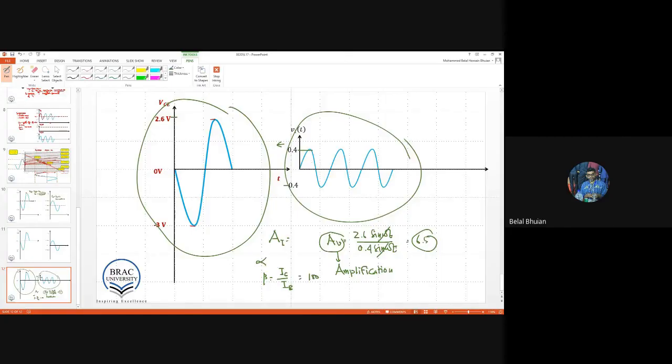If you find AI, IC divided by IB, you are going to find beta. Same thing, the current relation is the same for the signal. Okay, is that understood?